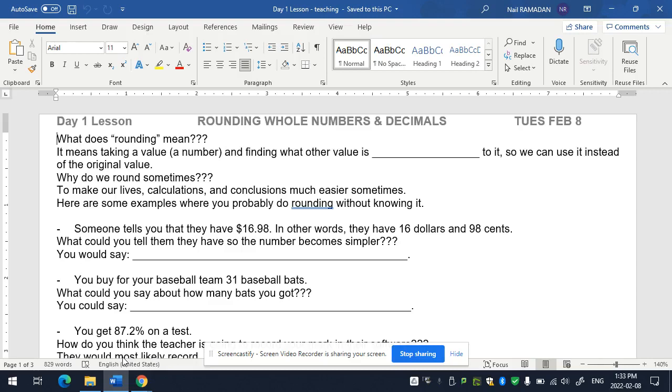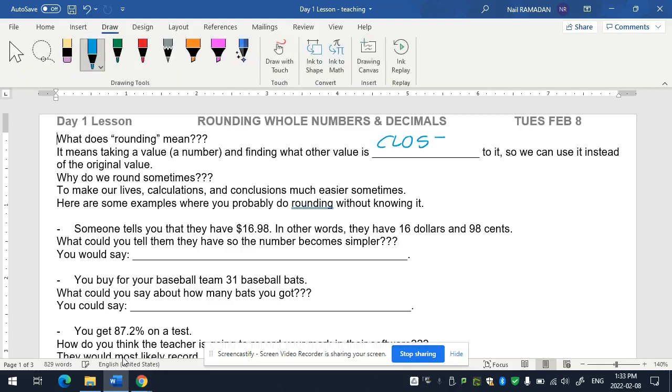That's the whole idea. Get me the value that seems to be the closest, or you can say nearest, to it. Just don't say furthest. Nearest to it, so we can use it instead of the original value.